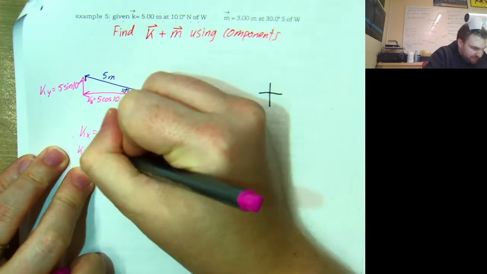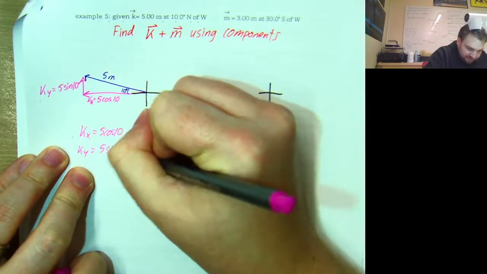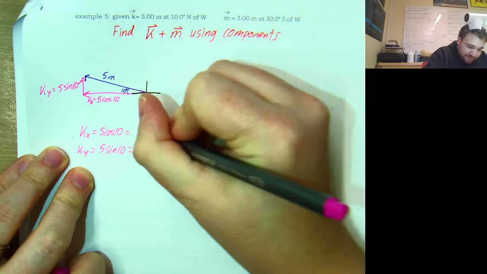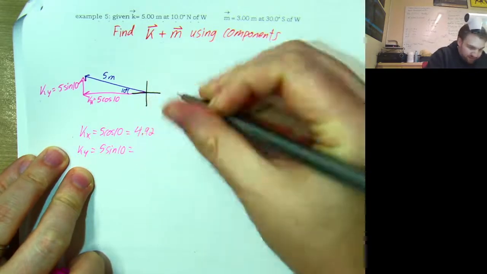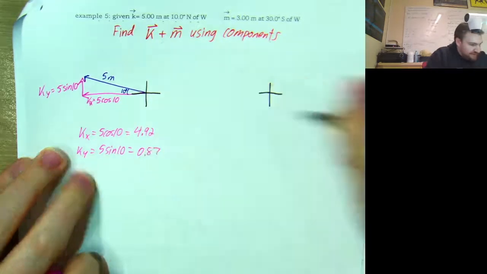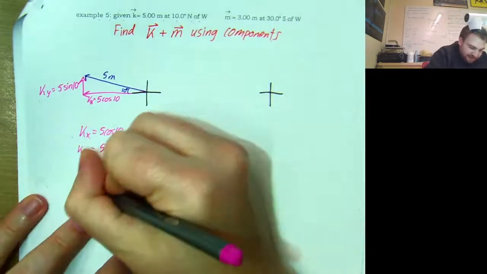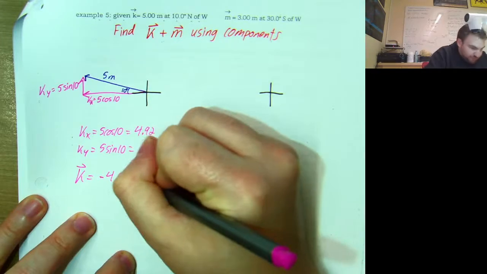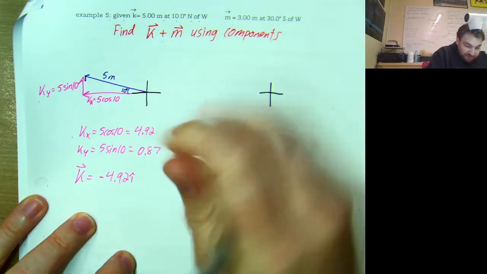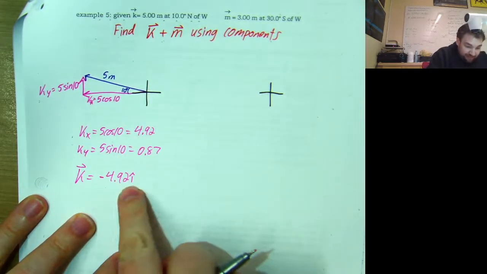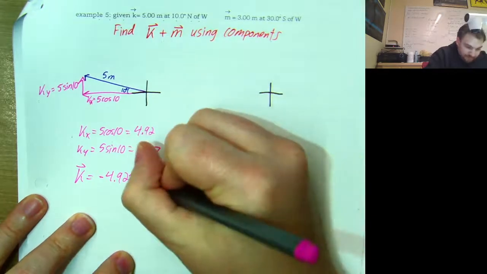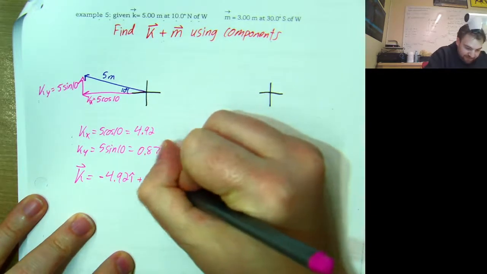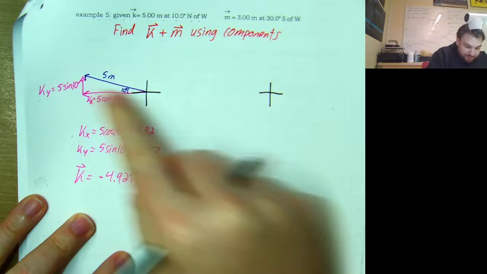Ky is 5 sine 10. I did the calculations for us already. That's going to be 4.92, and the other one's going to be 0.87. So that tells us that vector K in rectangular form is negative 4.92 i hat, because it's to the left, so it's negative i hat, plus 0.87 j hat. It's upwards, so it's positive.